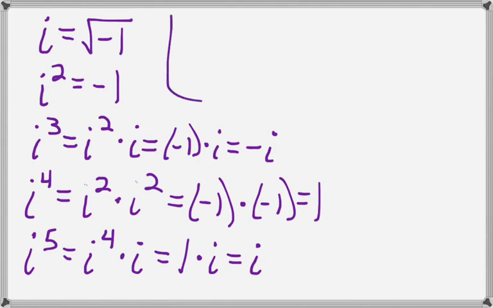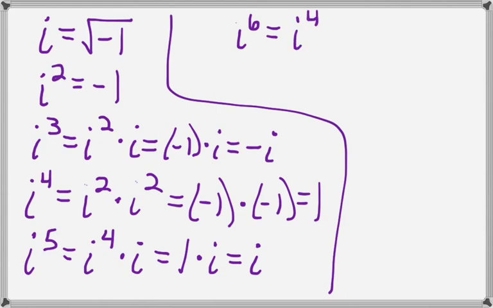Let's keep going and see what happens here. i to the 6th. There's different ways you could break these up. You could break this up as i to the 4th times i squared. i to the 4th is 1. i squared is -1. So i to the 6th is equal to -1 also.